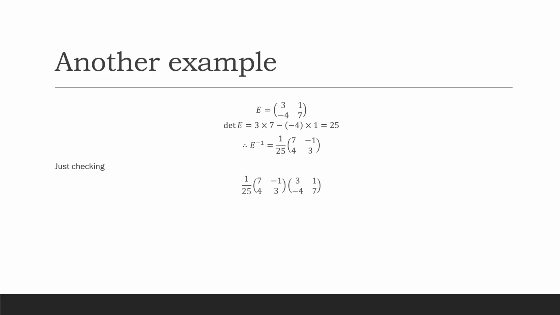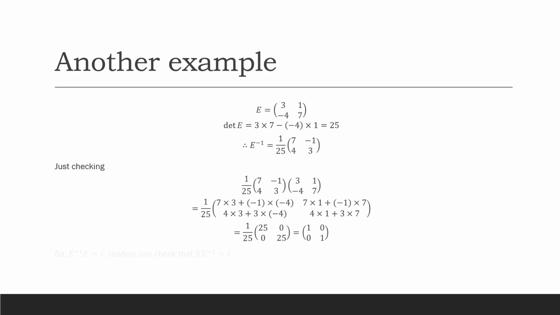If we multiply them together, we're doing E minus 1 times E here. We first multiply the matrices, going through the same process, 7 times 3, minus 1 times minus 4, etc., row by column, row by column. That gives us 1/25 of 25, 0, 0, 25, which is the identity matrix 1, 0, 0, 1.